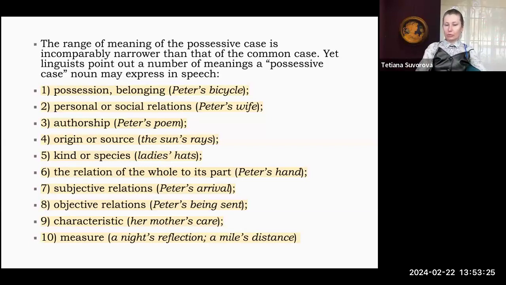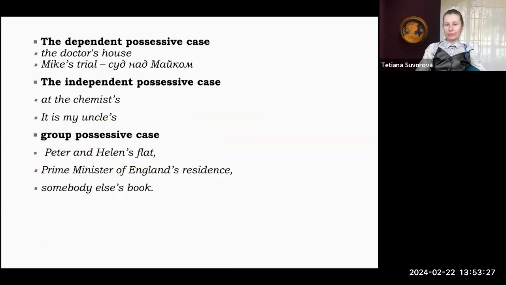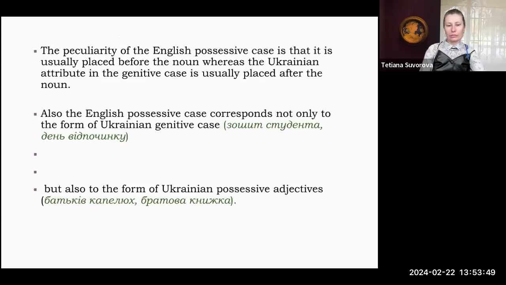That is why it's important to know all these meanings. Some examples: the Prime Minister of England's residence, somebody else's book, and so on.